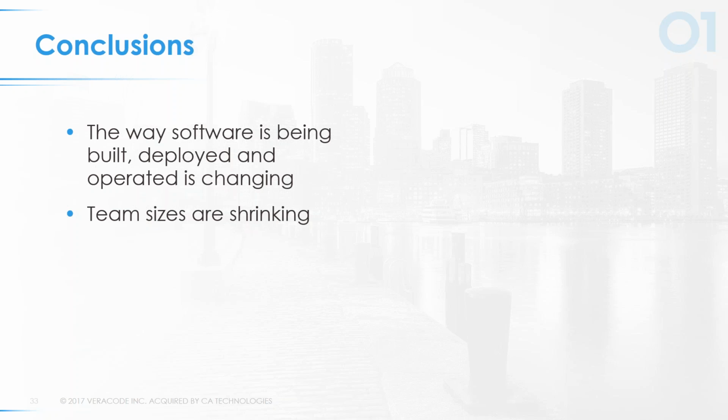DevOps just exacerbates that because of the speed that we want to go, because we don't want to have handoffs, because we don't want to batch functionality into a release. We want to take one idea, release it to production, and then have the next one queue up right behind it. Velocity expectations.